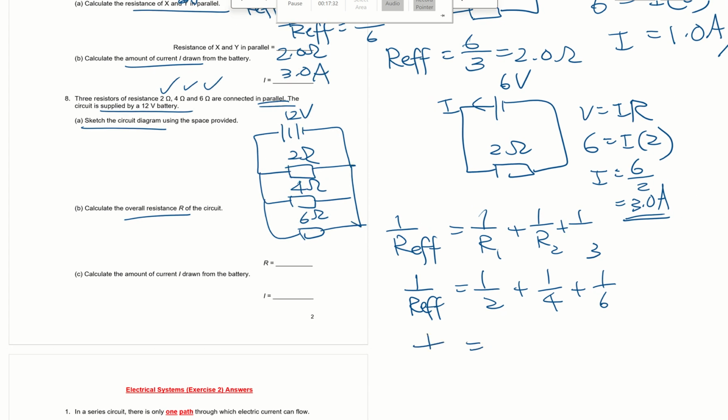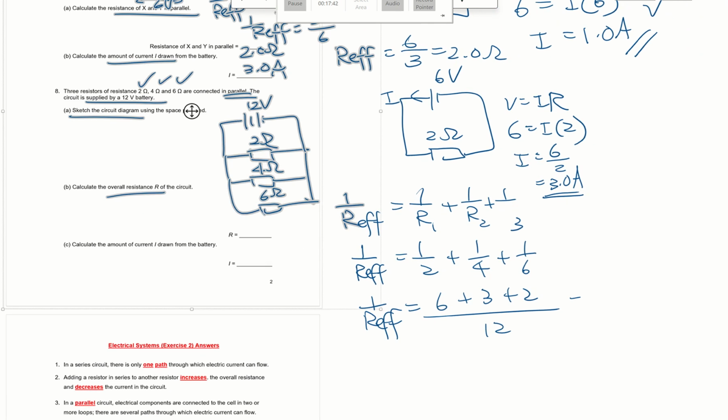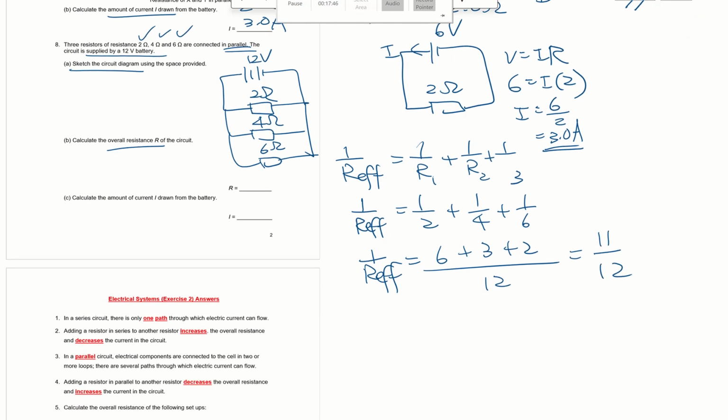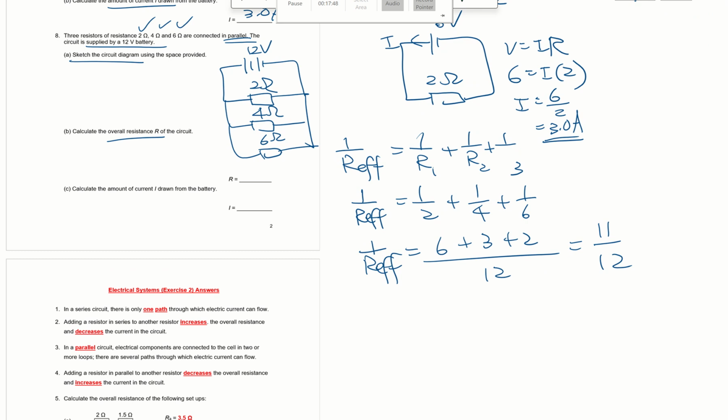I have to use 12: 6 plus 3 plus 2. So I get 11 over 12. But that's not the end of this REFF, because now it's 1 over REFF. Therefore, my REFF is actually equal to 12 over 11. So I think it's 1.09 ohm, right?